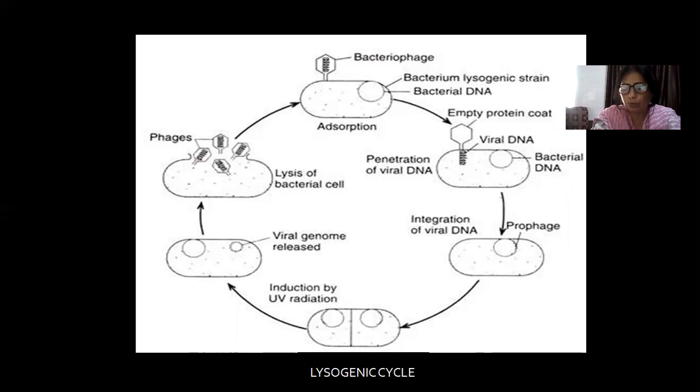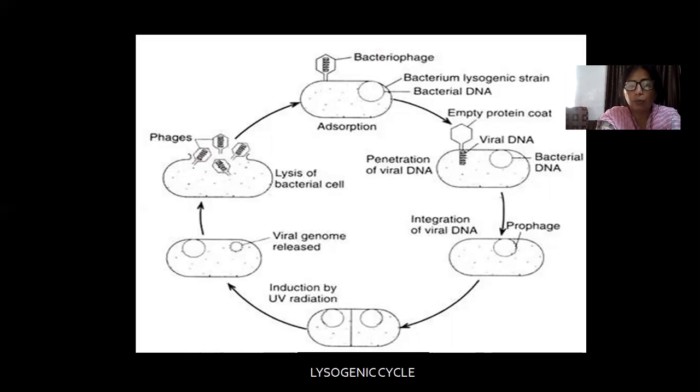It divides into two daughter cells, and the phage remains attached with that bacteria only and forms many progeny. When some induction is applied, such as UV radiation, the viral genome is released from the bacterial genome.